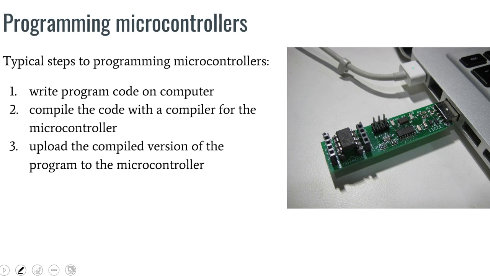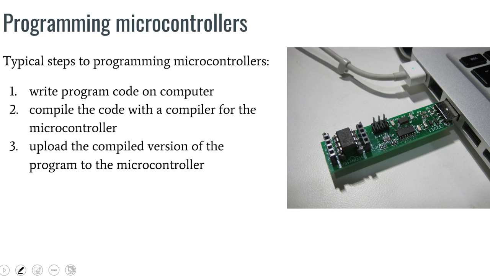So once we have the hardware component of a microcontroller, which has the microprocessor, memory, and input-output devices, the next thing that we need to do is the software aspect of it. We need to program the microcontroller. We have to write a program code and put it on the microcontroller.